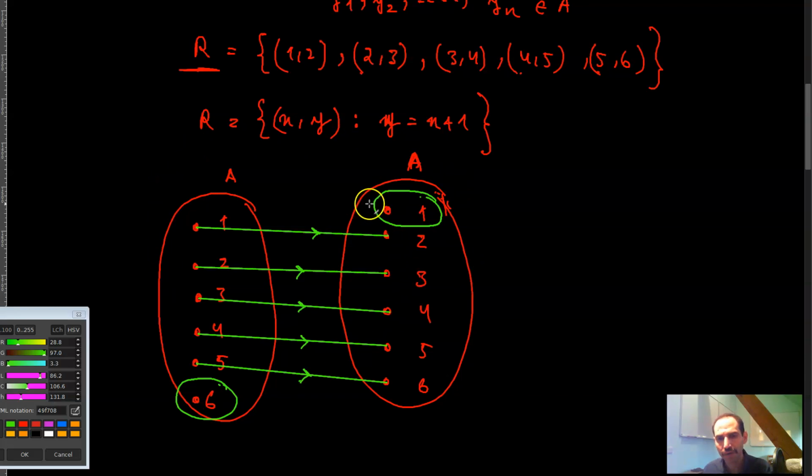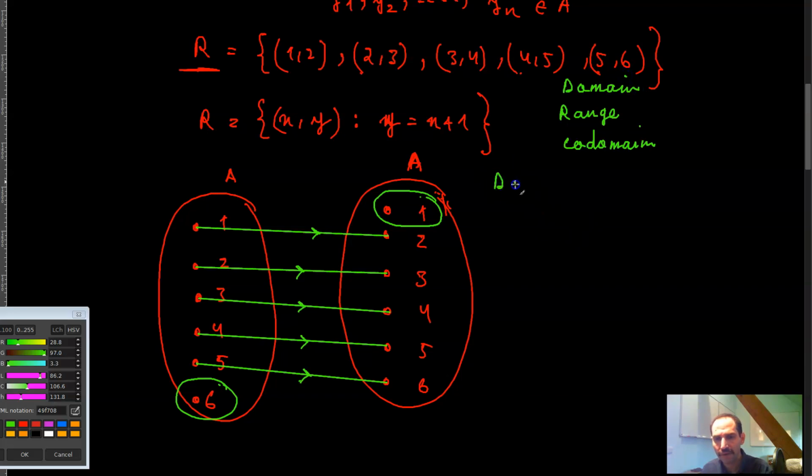Now if I want to write the range of R, we have 3 things over here that we want to write down: the range, the codomain, and the domain.